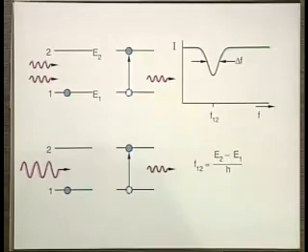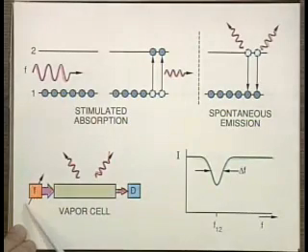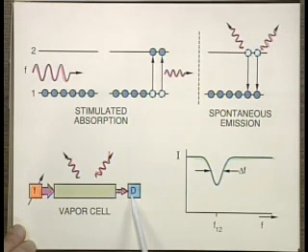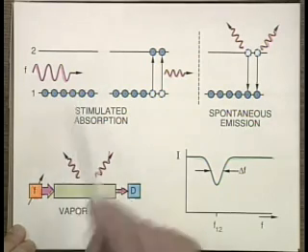Now, if you don't believe me, you can do an experiment, and here's how you might do the experiment. You take this variable wavelength light source and you send it into a selected vapor cell, and you put a detector at the other end. Again, you have now lots of atoms, let's say, or molecules.